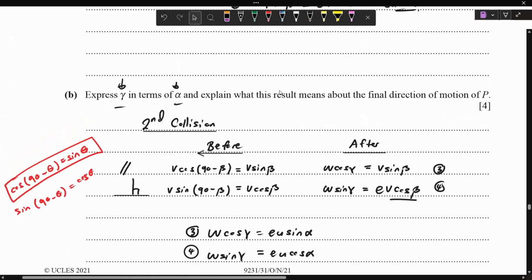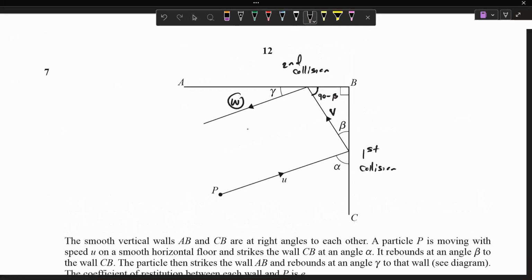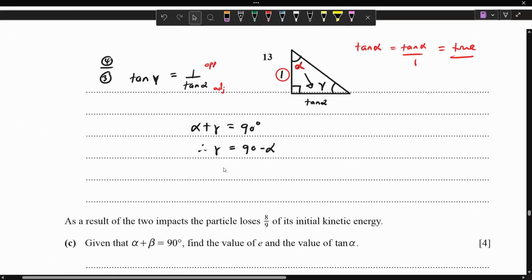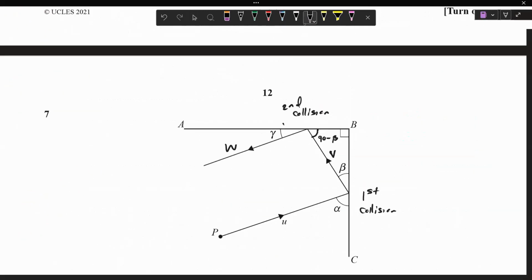Is that all they're asking? They say express gamma in terms of alpha and explain what this result means about the final direction of motion of P. We have established that gamma is 90 minus alpha. So this angle here is 90 minus alpha.